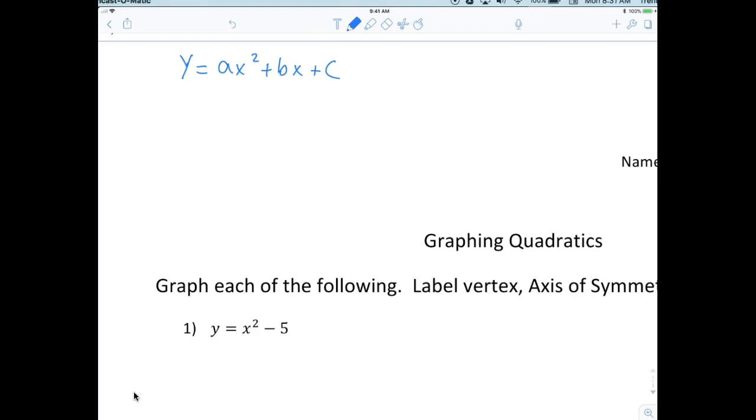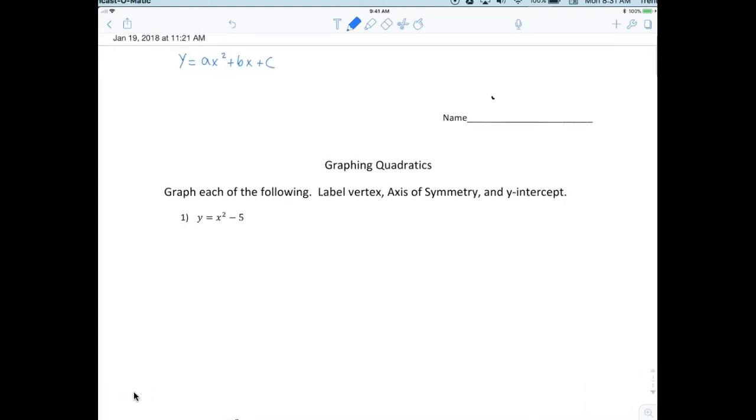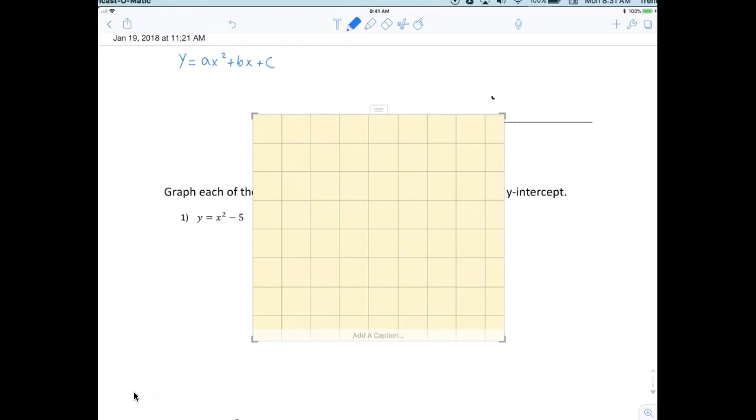Now, somebody showed me something pretty cool on Notability, so I want to show you this. In your add, we want to add stickies, and it shows grid.